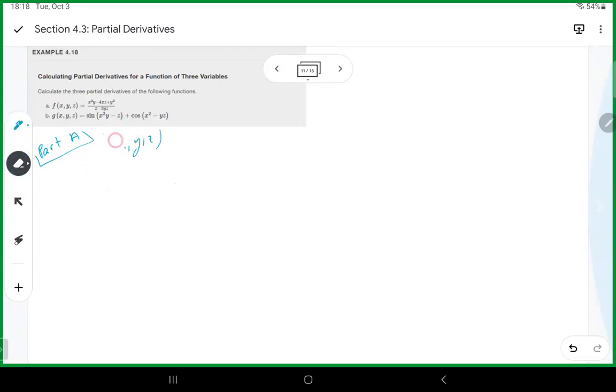I don't need to rewrite that. We're gonna need the space. All right, so we're going with x first. X squared y minus 4xz plus y squared over x minus 3yz.